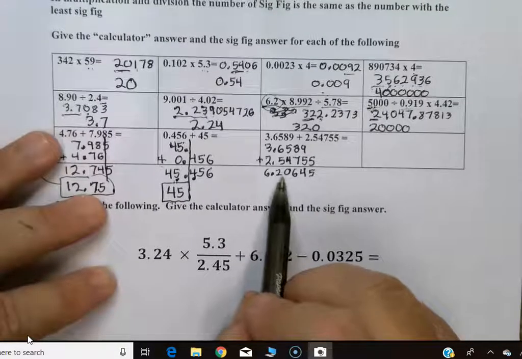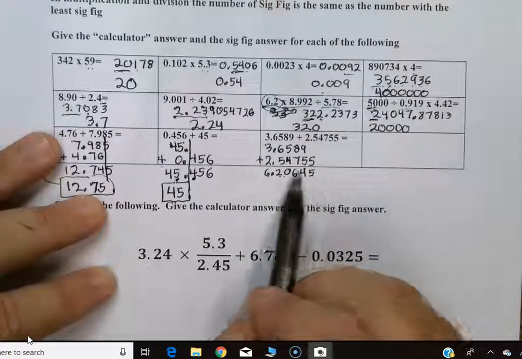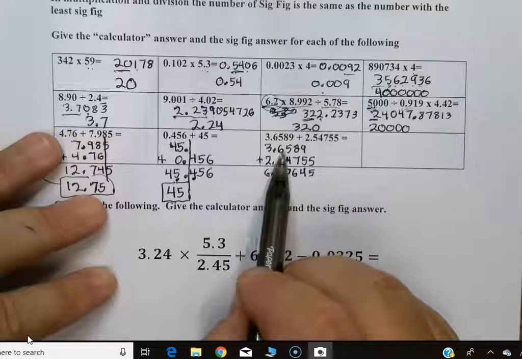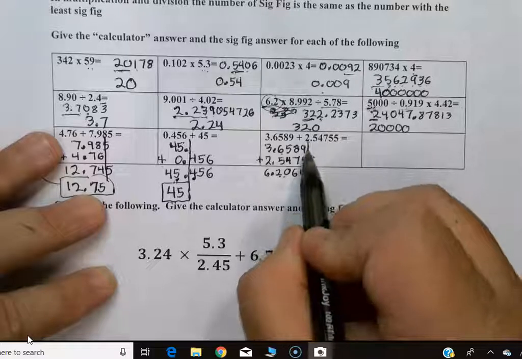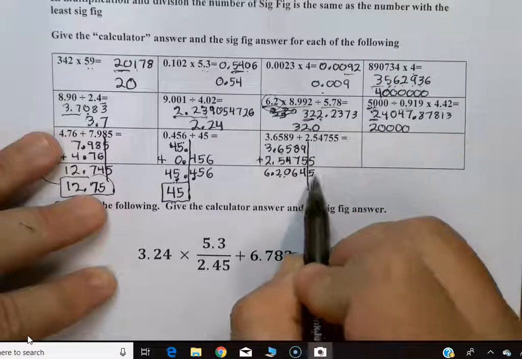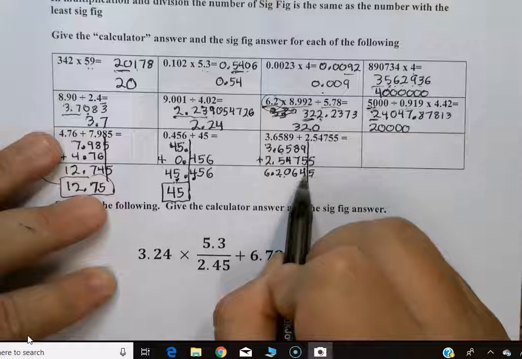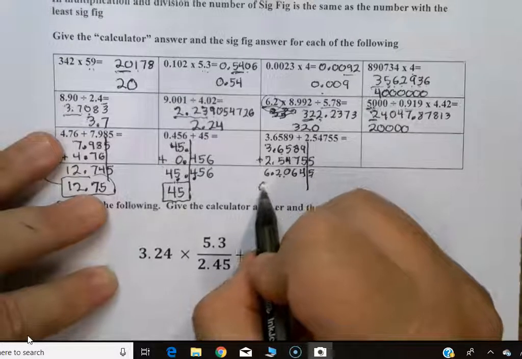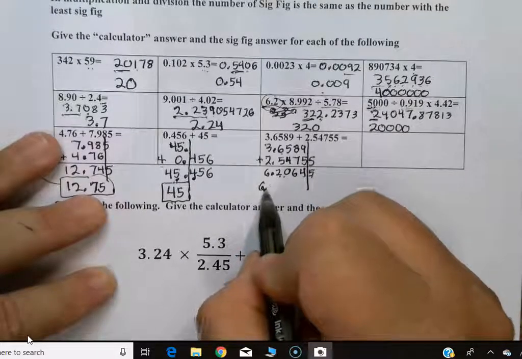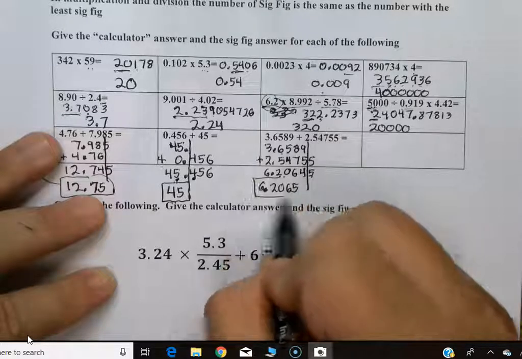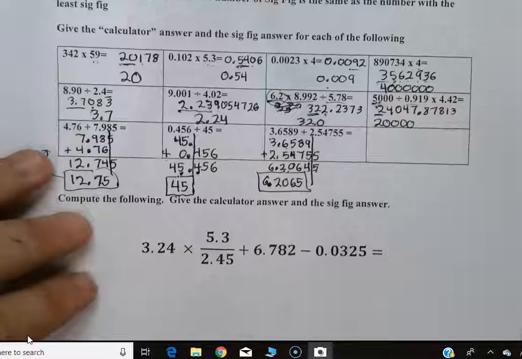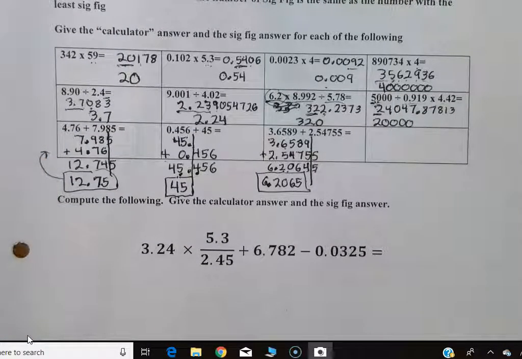Okay, so we have in our answer 5 digits after the decimal, but one of our add-ins only had 4, these 4. So you draw a line down like that, and this 5 will round this 4 up to a 5. So your final answer is 6.2065. And there you go. Okay, so that's addition, subtraction, multiplication, division.